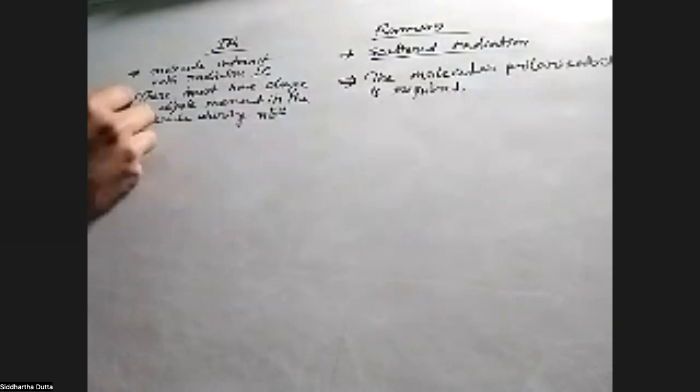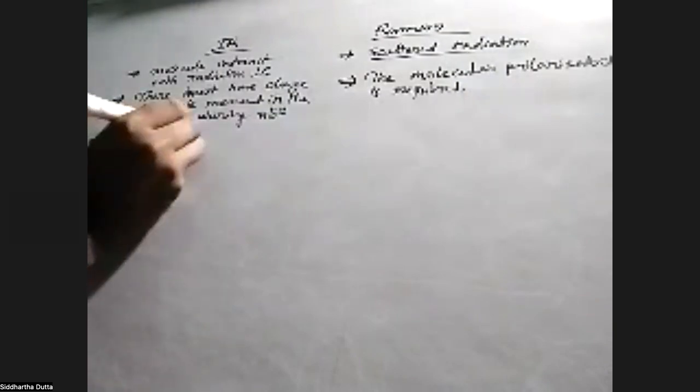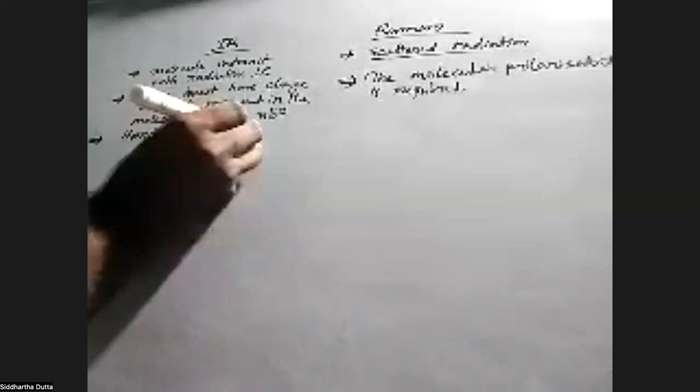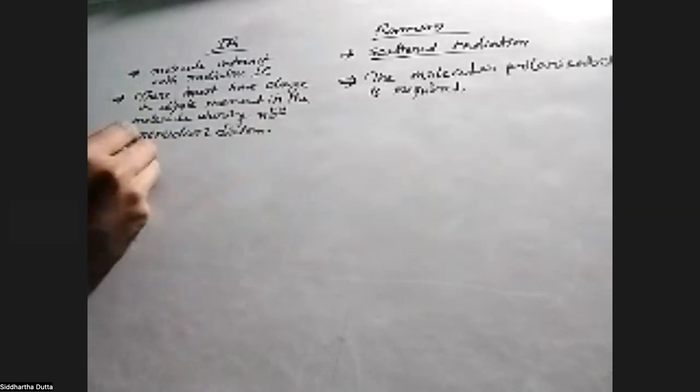Rather, here the change in molecular polarizability is required to be Raman active. Here, the homonuclear diatomic molecules are IR inactive because they do not possess any dipole moment change during the vibration.